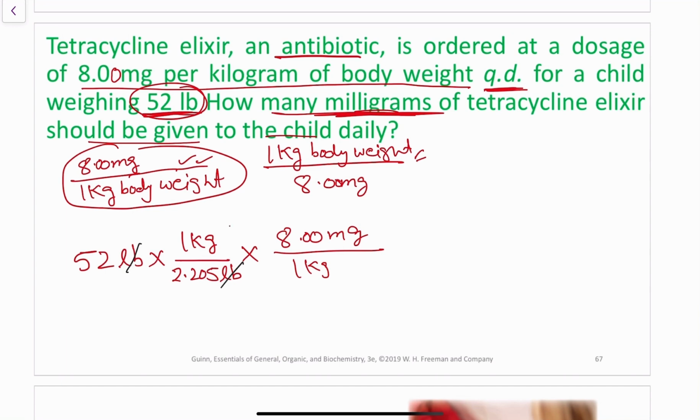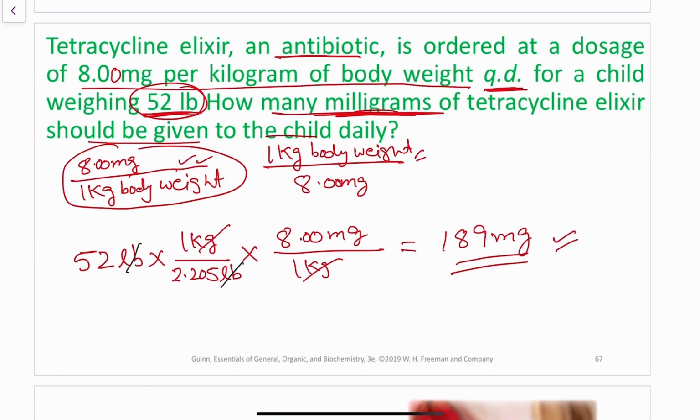So kg will get cancelled, and when you solve this problem, you're going to get 189 milligrams of the medicine. So you have to give 189 milligrams of medicine per day to the child.